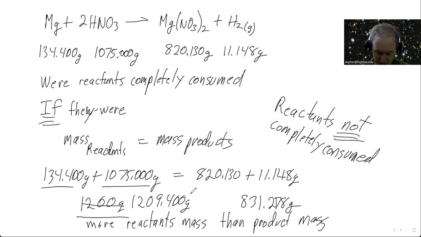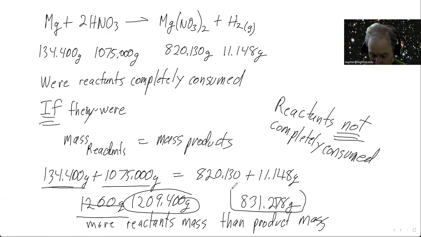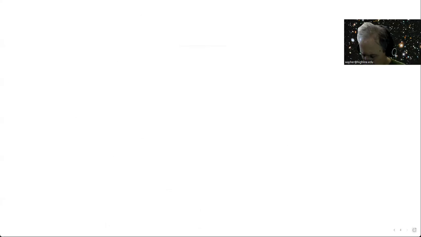And just because it's so much, you can figure out it's got to be in the nitric acid because we didn't start with more than that. So this all had to be consumed, and we had nitric acid left over. But anyway, one of them was the limiting reagent. It was probably magnesium.